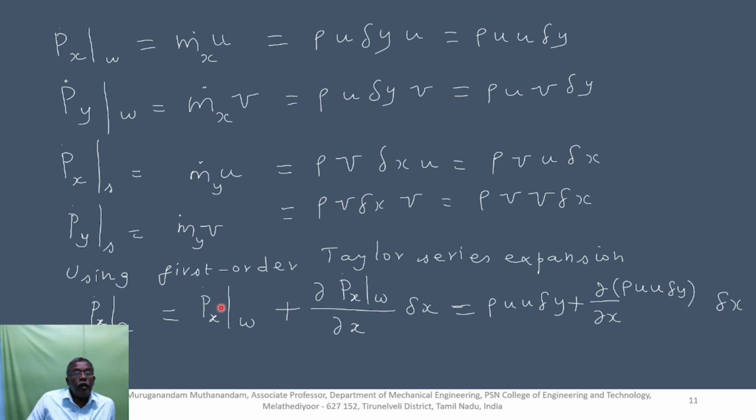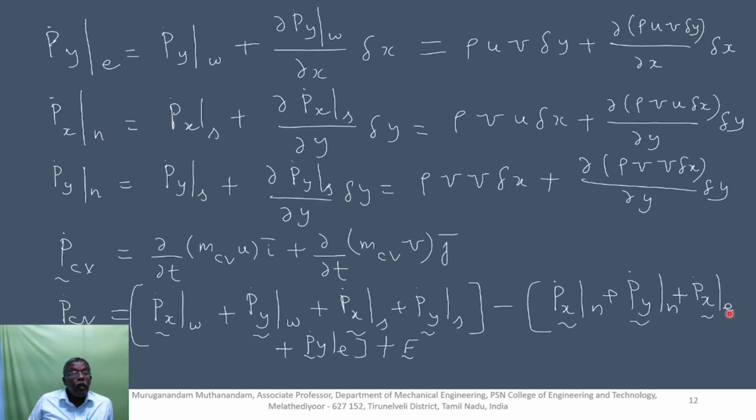Already we have defined the momentum inflow along the x direction on the west wall as rho u delta y u, plus partial upon partial x of rho u delta y u into delta x.